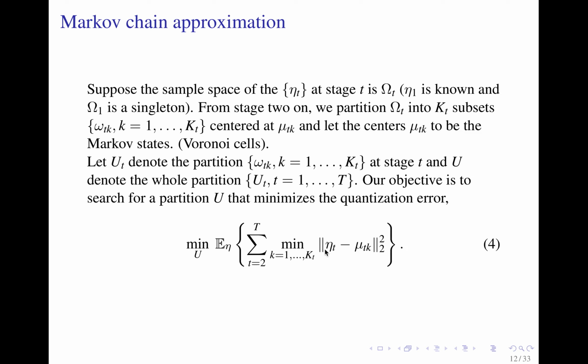So essentially, it tells you how much error we have in stage t. And then we take summation over t. So this term gives you the overall error. Okay, and remember, eta t here is a random process, so we take expectation over eta.